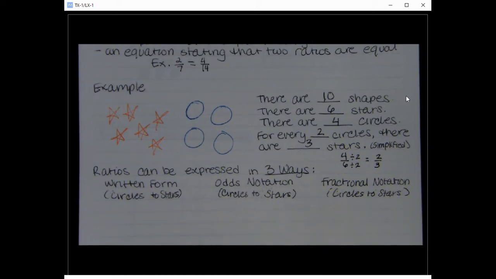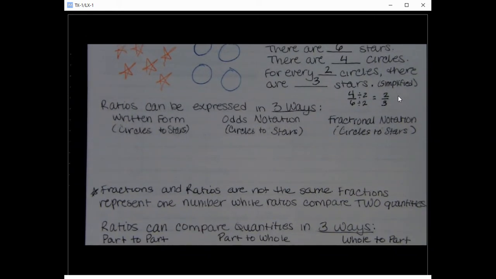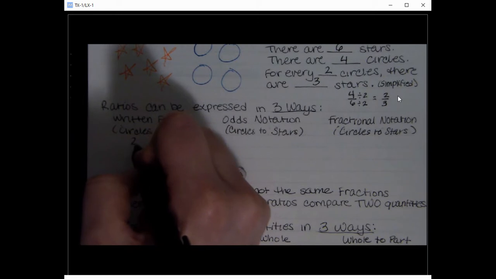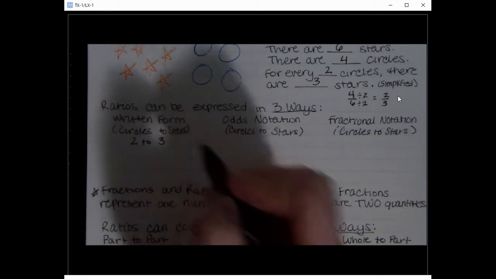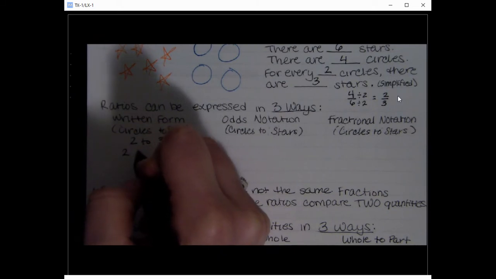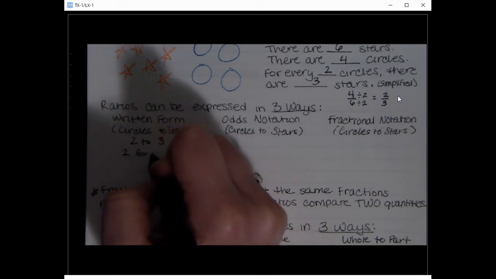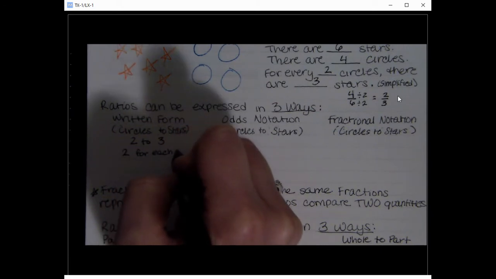So ratios can be expressed in a couple of different ways, 3 in particular. One is in written form. So circles to stars, I can say 2 to 3. I can also say there are 2 circles for each 3 stars.